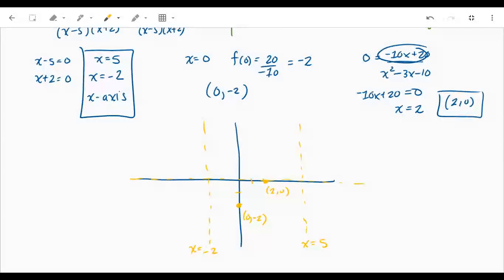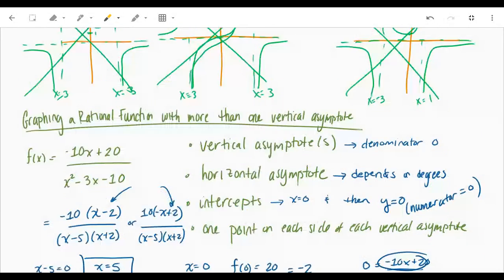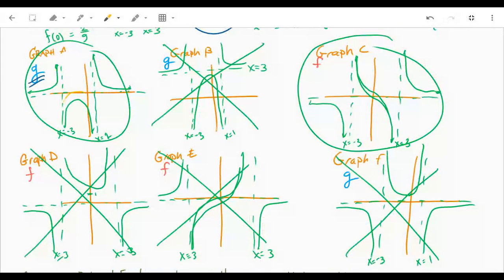We know that we have to approach the asymptote, so we'll connect these two, but then the question is, is this doing something? Let me scroll back up. Is it going to do something like this in the middle, or is it going to do something like this in the middle? And then also our side branches, we don't know.